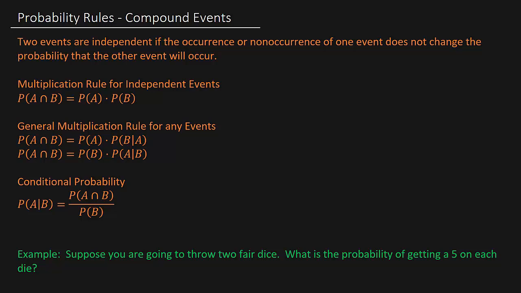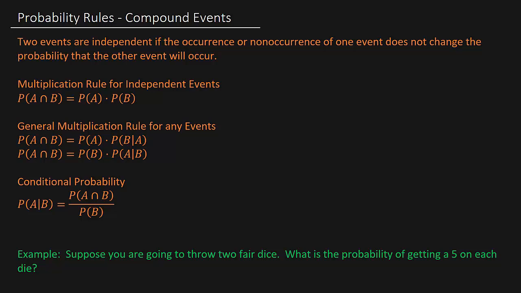So independent events: if I find the probability of this one event, and then the probability of this other event, and the probability of them both happening, if the probability of the first event does not affect the probability of the second event, then they're independent. But if the probability of the first event affects the probability of the second event, then they're not independent.